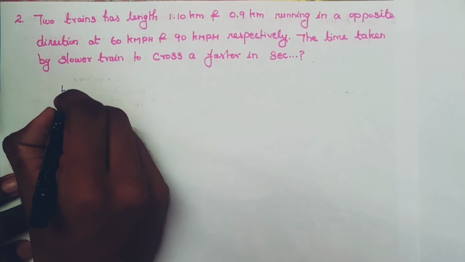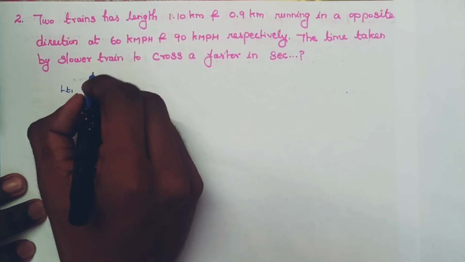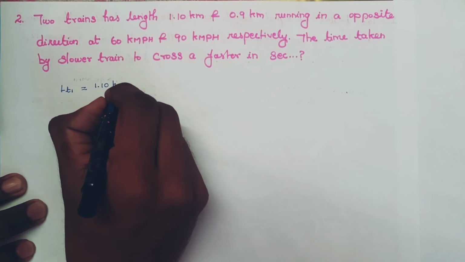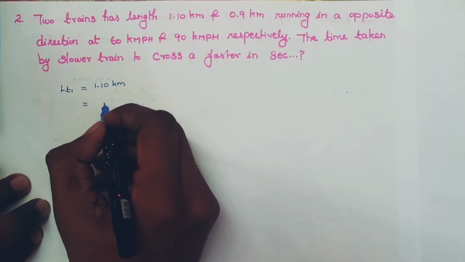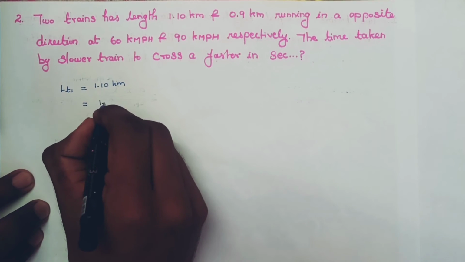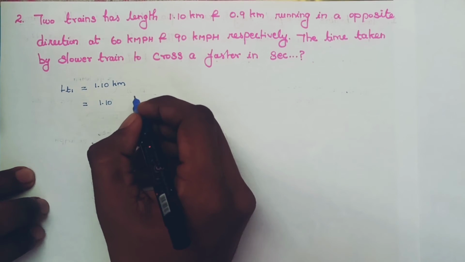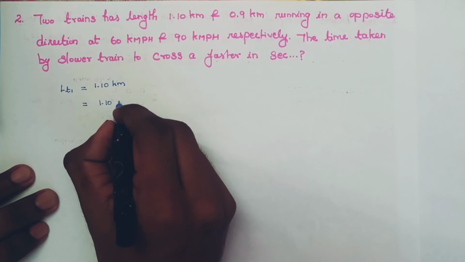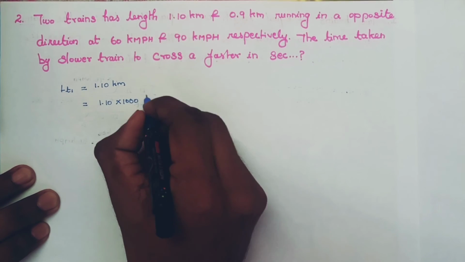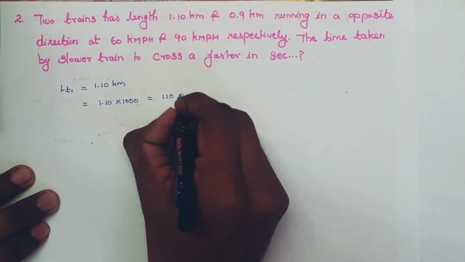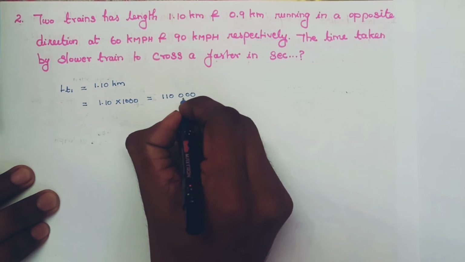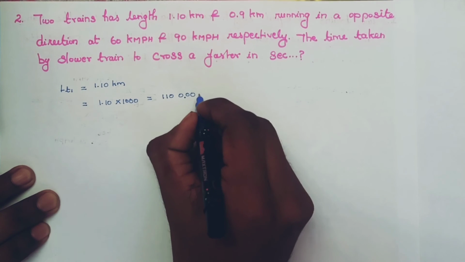The length of train one is 1.10 kilometer. In order to convert it into meter as a whole number, to convert from kilometer to meter, just multiply by 1000. That gives 1100 meter.